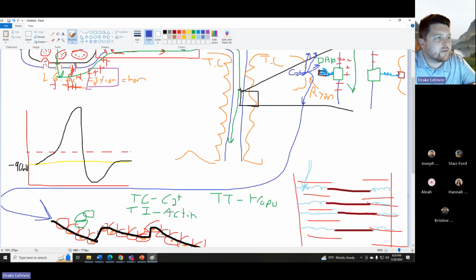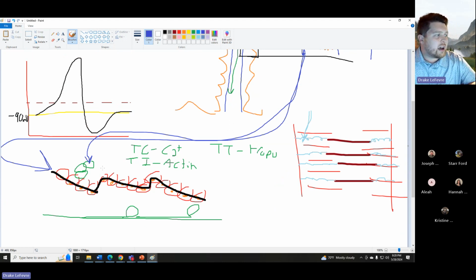So this calcium released from the sarcoplasmic reticulum comes all the way down and binds onto our troponin C, and that causes, remember when we talked about hemoglobin in Biochem 1, when the first oxygen would bind to hemoglobin, you'd get what's called a conformational change, where the shape of the whole structure would change to allow for more oxygen to bind. You guys remember that in Biochem 1 a little bit? Same thing happens here.